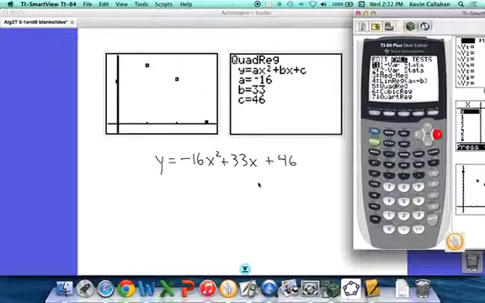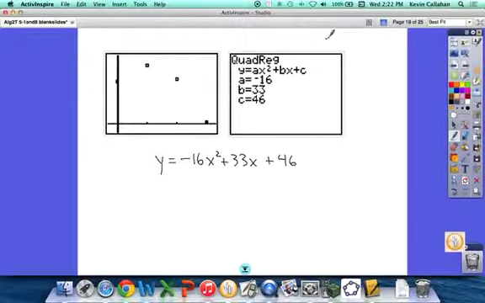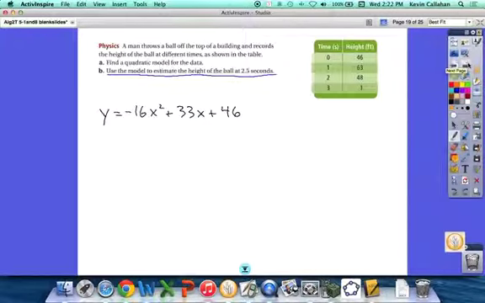Okay. Now, somebody said that looks like a trajectory or something like that. Well, this came from a word problem. It came from a word problem where it says a man throws a ball off the top of a building and records the height of the ball at different times. Right? So that data that we just entered was the height of the ball based on the time.